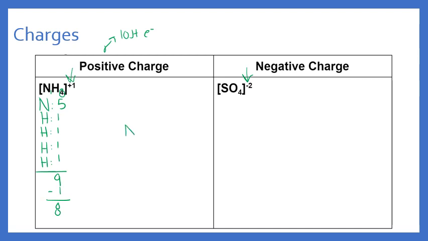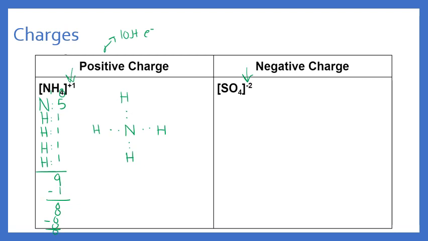Nitrogen is the one that goes in the center because hydrogen always goes on the outside. I'll repeat that, hydrogen always goes on the outside. So we put our 4 hydrogens surrounding our nitrogen, and then we connect them with 2 electrons each. 1, 2, 3, 4, 5, 6, 7, 8. We've used 8. 8 minus 8 is 0.